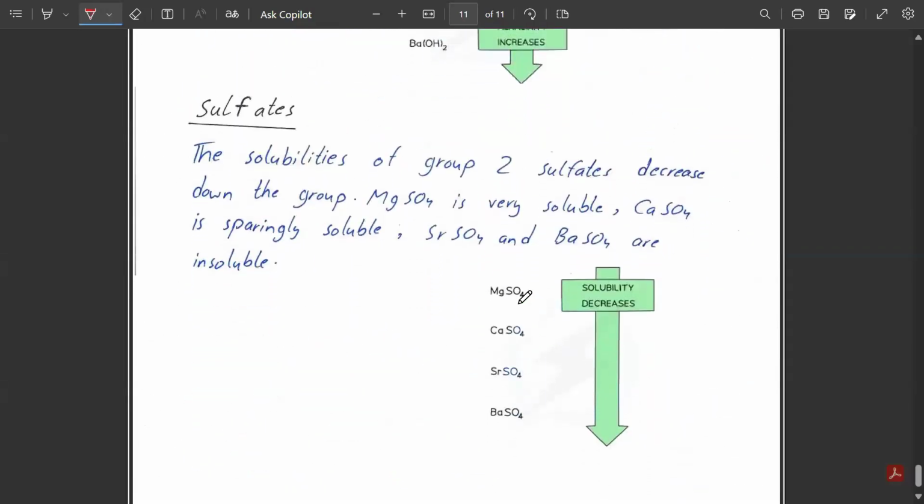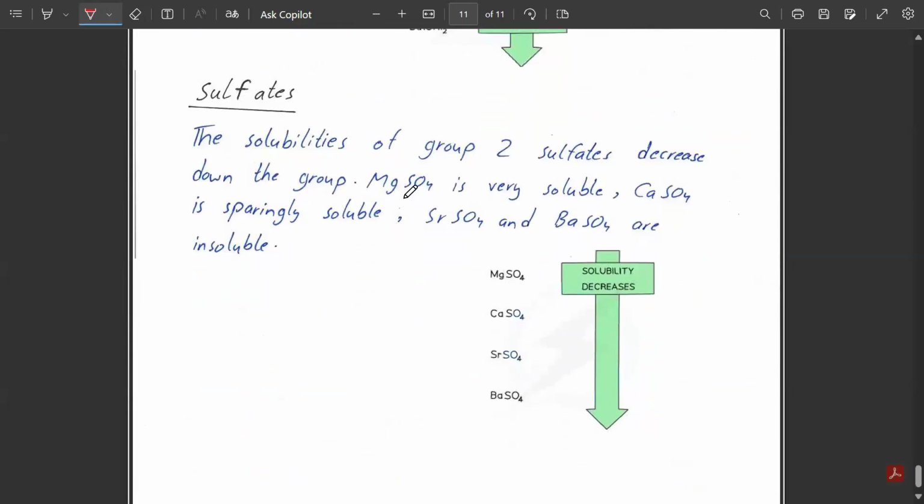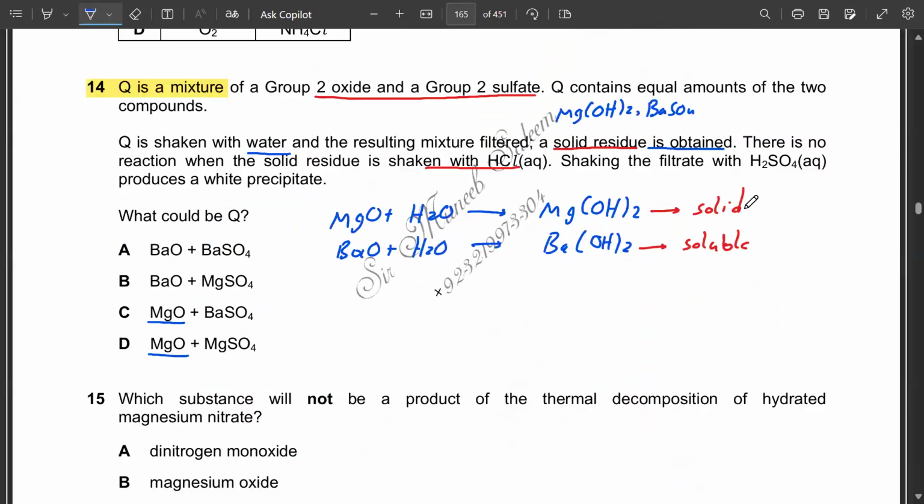Among the sulfates, magnesium sulfate is very soluble and barium sulfate is insoluble. So the solid could also contain barium sulfate and not the magnesium sulfate. So this is a solid, and another solid could be barium sulfate. It could not be the magnesium sulfate because that is soluble.